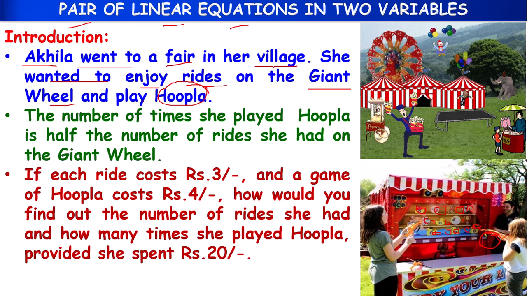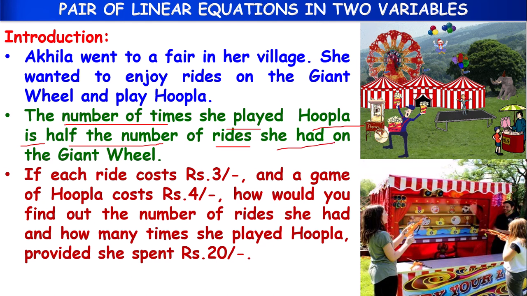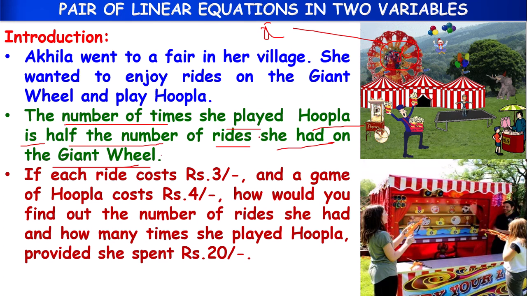So she wants to enjoy a ride on the giant wheel, and she wants to play the game of hoopla. Here, the number of times she played hoopla is half the number of rides she had on the giant wheel. Suppose she had X rides on the giant wheel, because it is unknown.